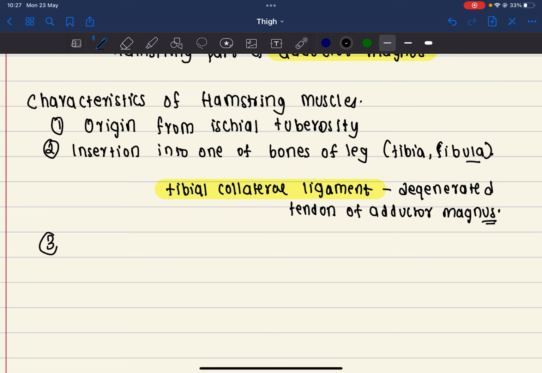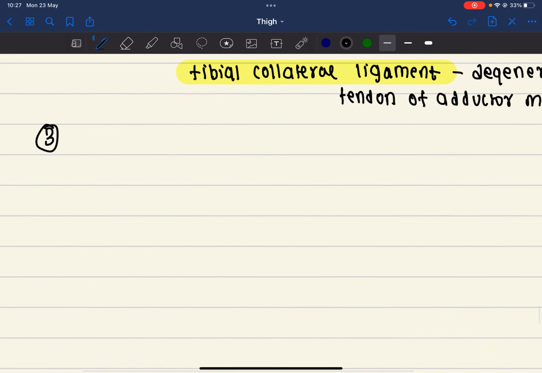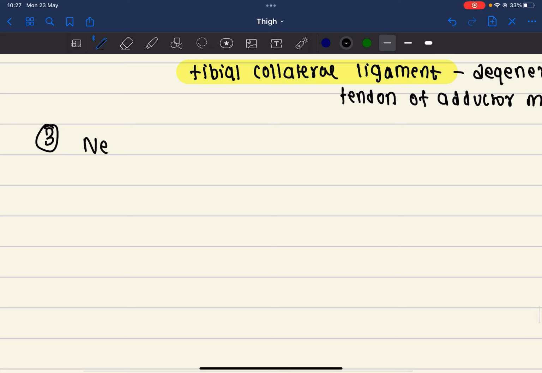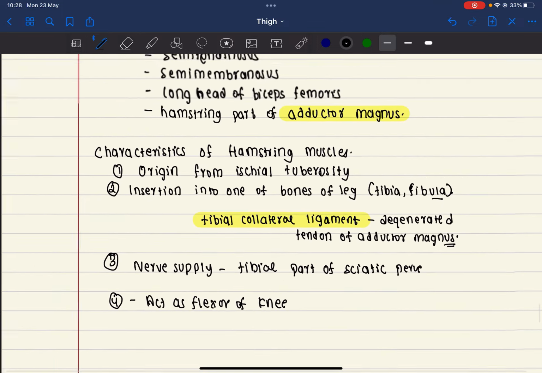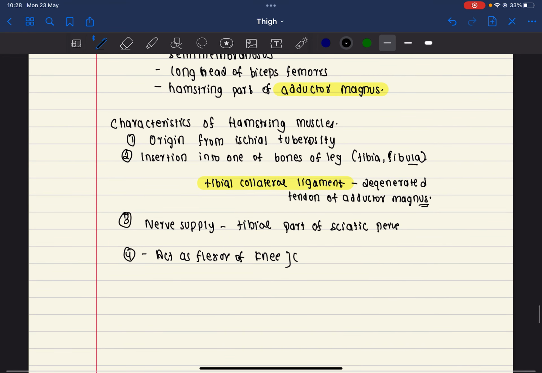र third characteristic present in the hamstring muscles are their nerve supply. यिनीहरुको nerve supply is by the tibial part of sciatic nerve. त्यस्तै गरी यिनीहरुको अर्को क्यारेक्टरिस्टिक, they act as flexor of the knee joint and extensor of the hip.